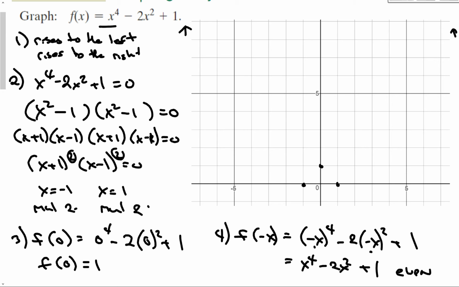Remember, if I plug in negative x and everything goes back to where it started, it's even. If every single term changes signs, it's odd. And the shortcut is to look at all the exponents here and see they're all even, 4, 2, and 0, which means this graph has y-axis symmetry.